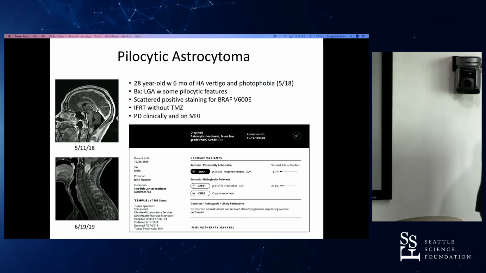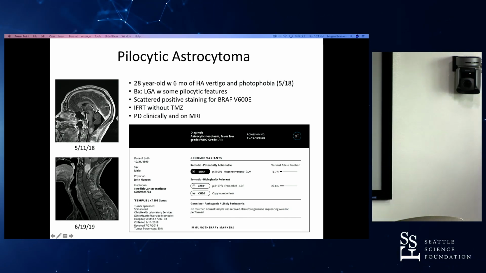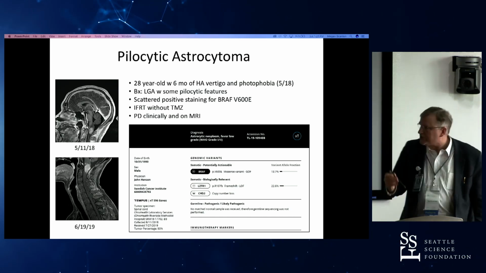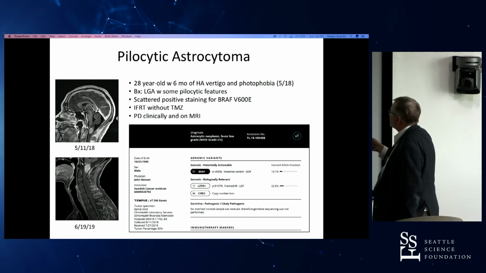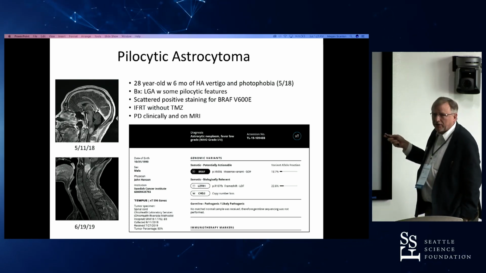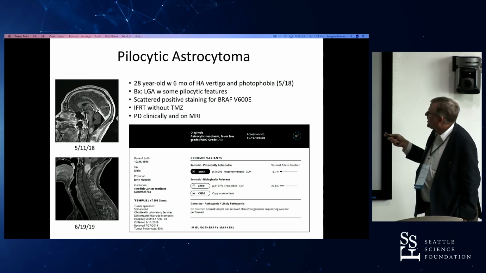Now, the way V600E works, BRAF is an oncogene, and this means that the DNA alteration changes the valine at position 600 to E, glutamic acid.